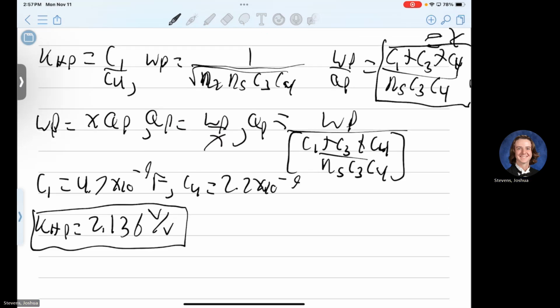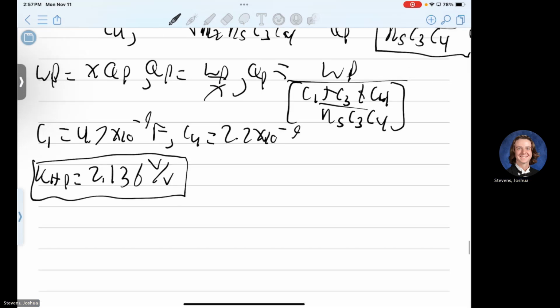Okay. And now for omega P, our value for R2 equals 1.2 times 10 to the third ohms.